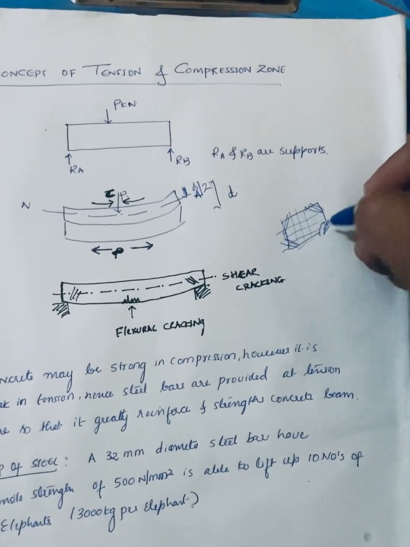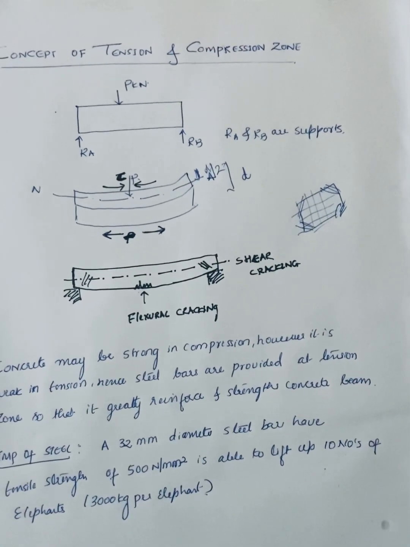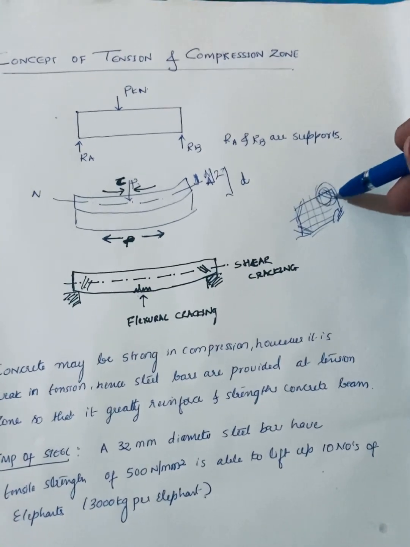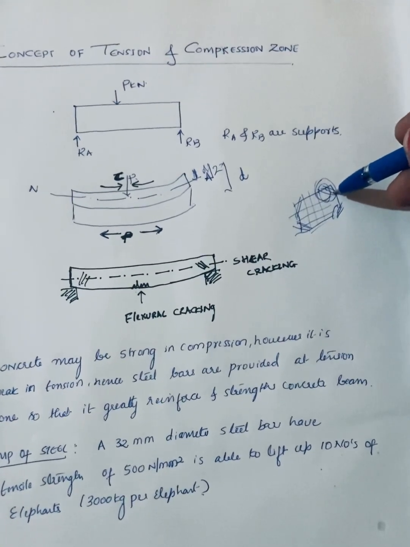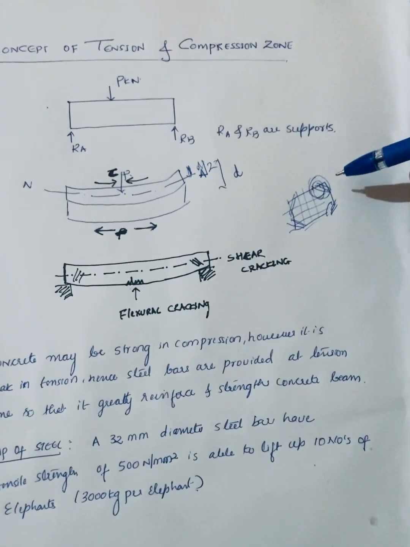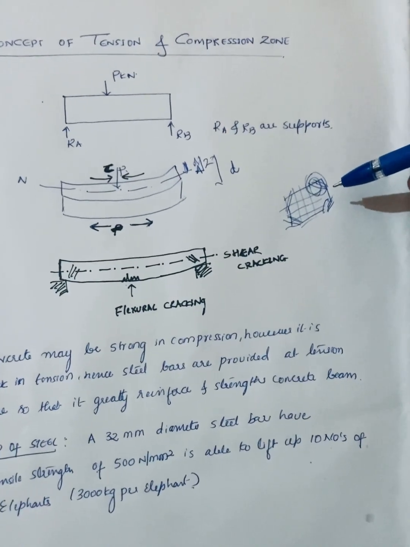You can observe this at the live site. This is why steel is provided more at the support section, because the tension zone is higher at the supports.